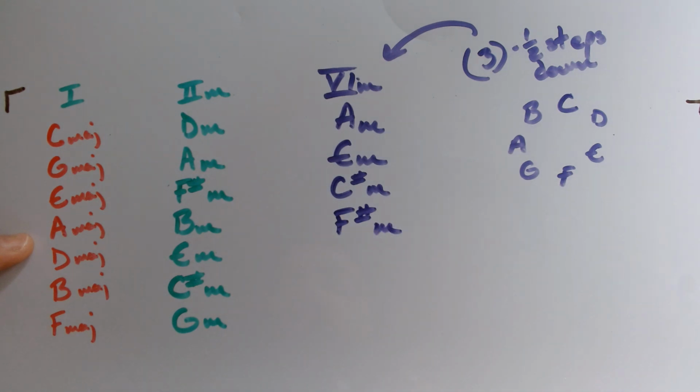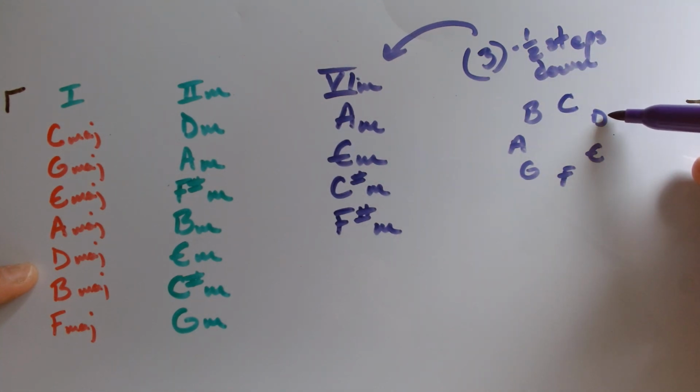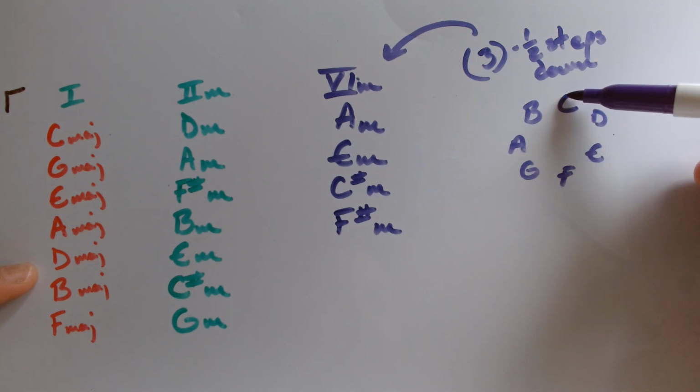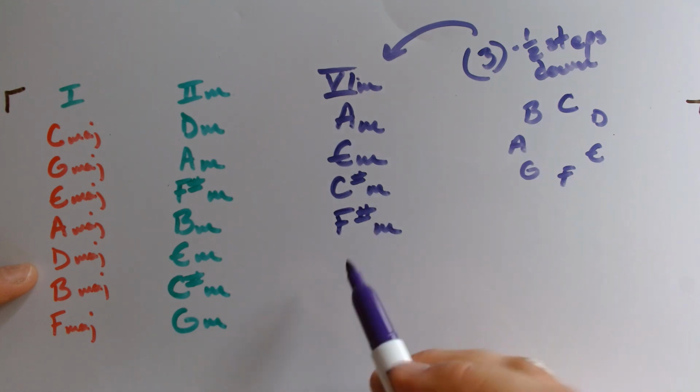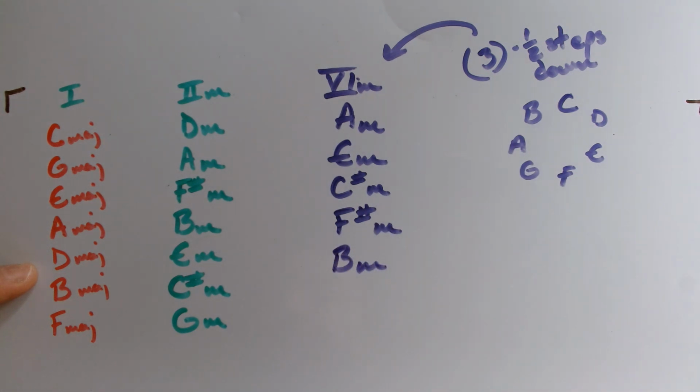Believe me, it gets faster the more you play. Okay. Now, D major, we're going to count down 3 half steps. So from D down to a C sharp, down to a C, down to a B natural. So you need a B minor for a D major chord.